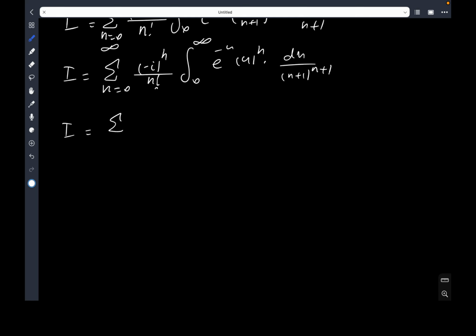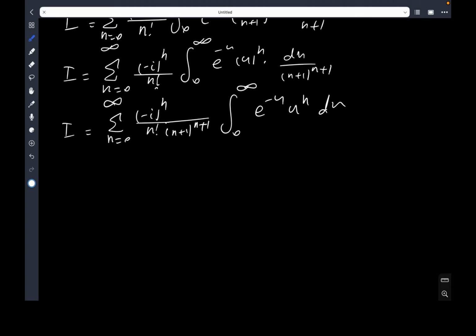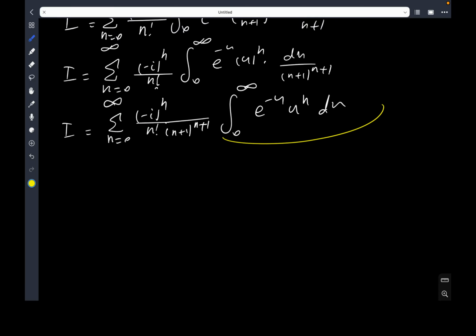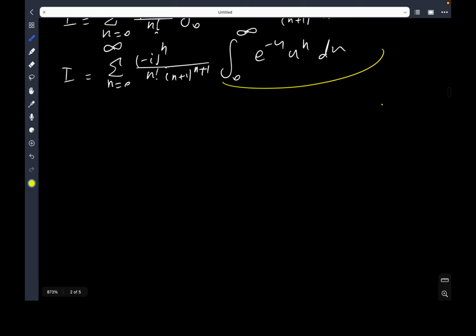I can move this again out here. The infinite sum of negative i to the n over n factorial over n plus 1 to the power of n plus 1, the integral from 0 to infinity of e to the negative u, u to the n du. Well, now this integral has an already defined value, it is the pi function, and is equal to n factorial.